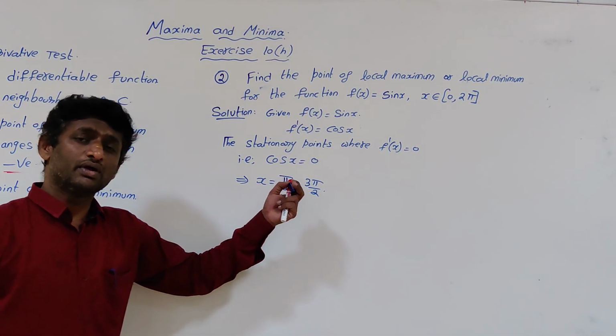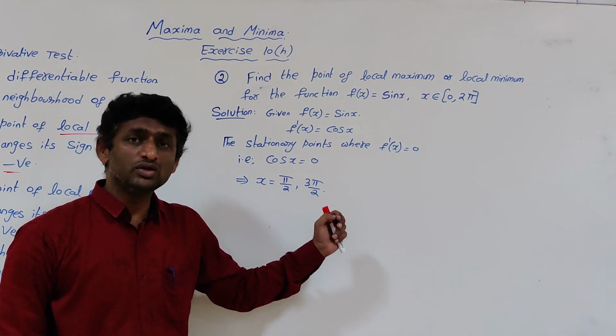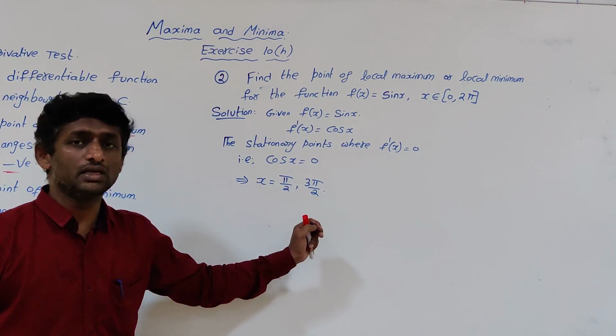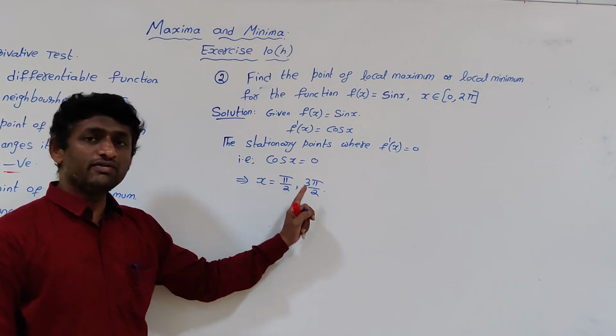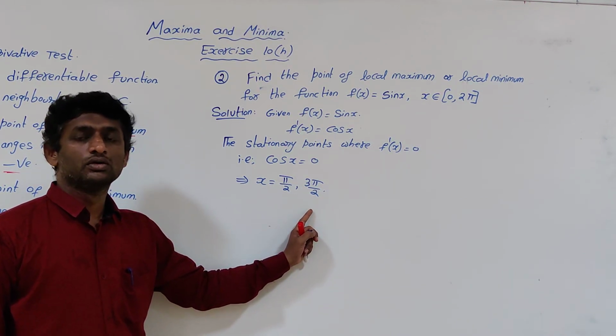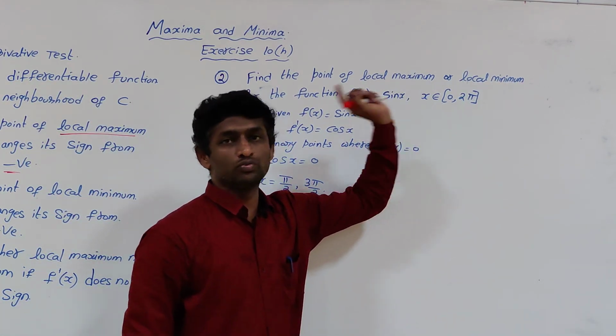I can go for 5 pi by 2 and 7 pi by 2, but those values are not in the domain of 0 to 2 pi, and these are the only values whose cos x is 0 which lie between 0 to 2 pi.